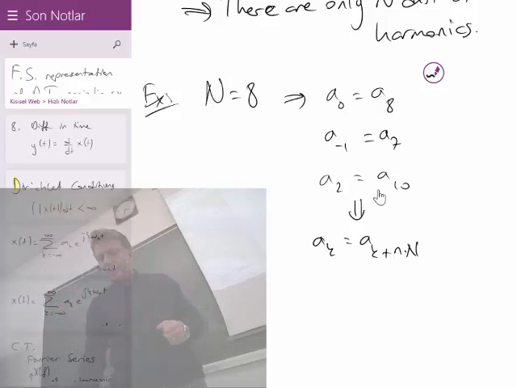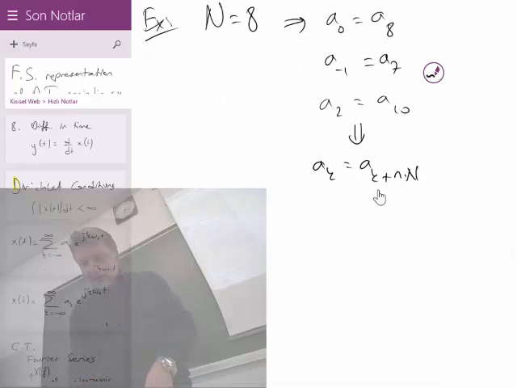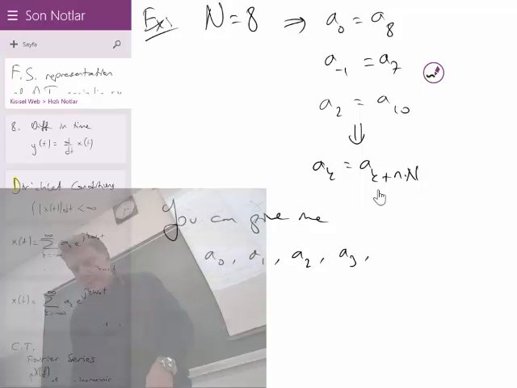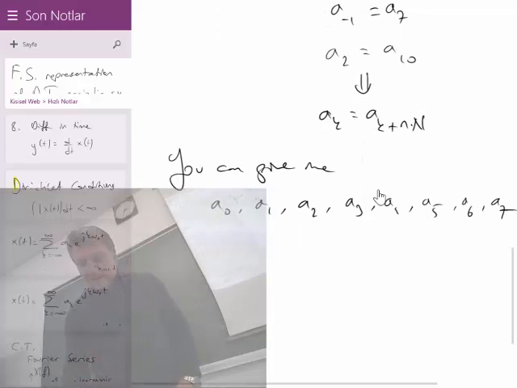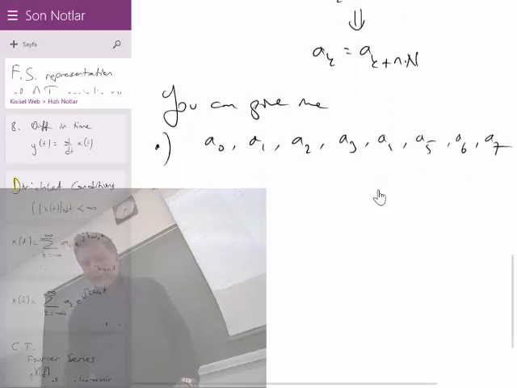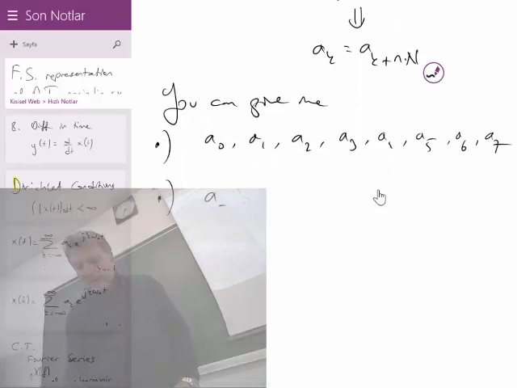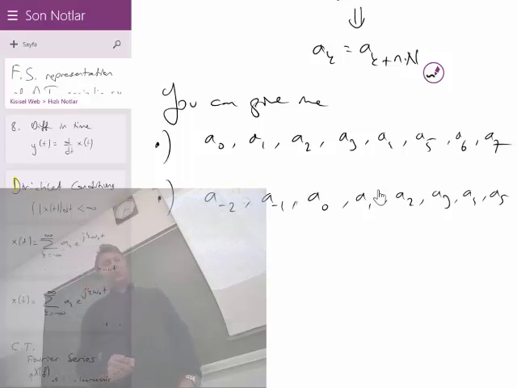For example, if it is again periodic by 8, then you can give me a0, a1, a2, a3, a4, a5, a6, a7 as one answer, or you can give me a minus 2, a minus 1, a0, a1, a2, a3, a4, and a5 as well.